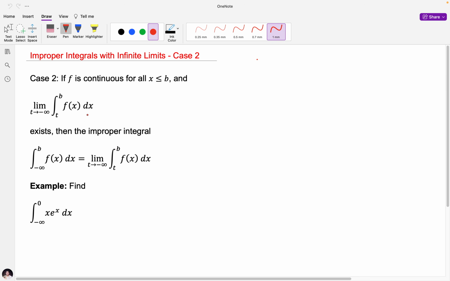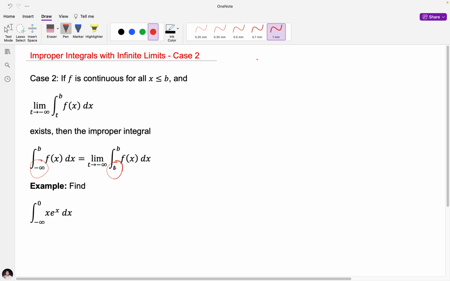So, ang nangyari lang dito is we replaced negative infinity by the variable t, and we let that t approach negative infinity. Okay? So, same lang yung process ng case 1 and case 2.